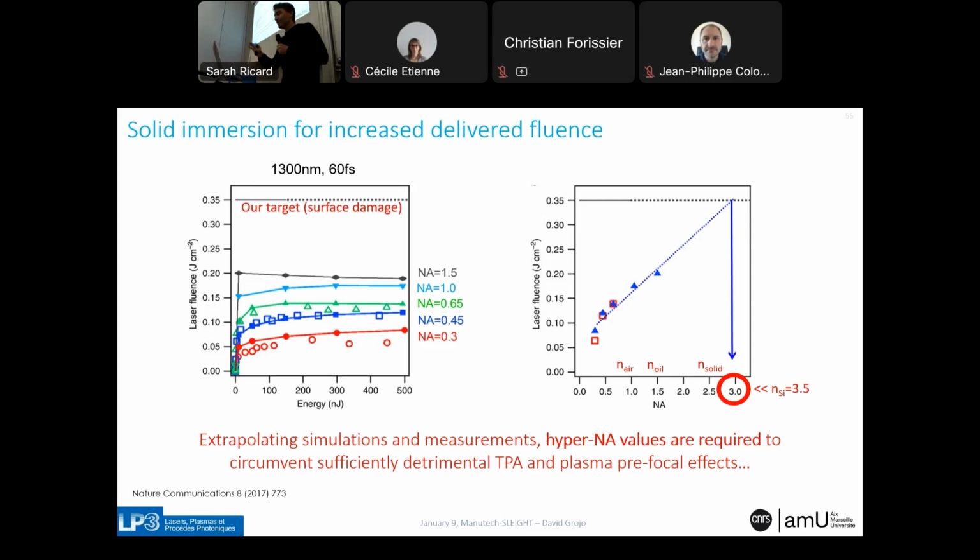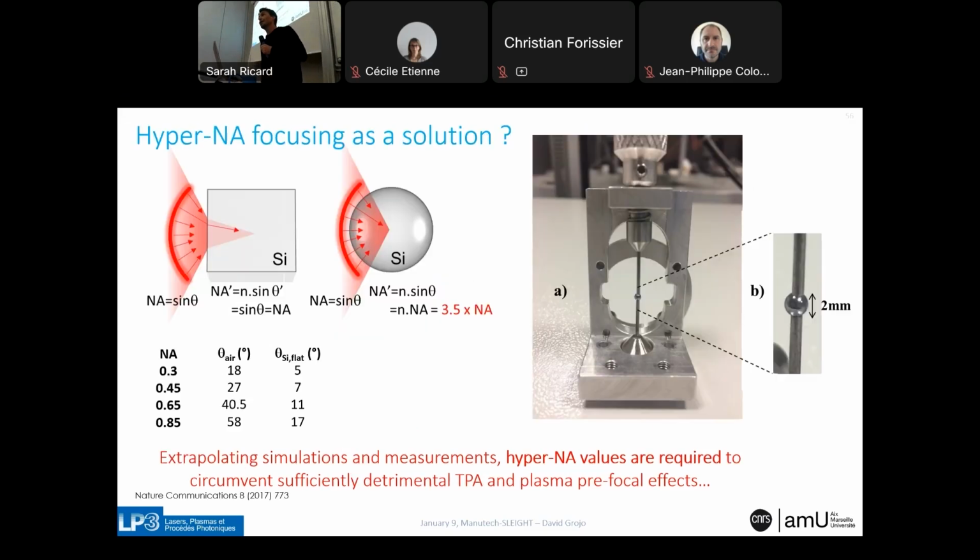So the simplest way you can perform a solid immersion focusing experiment is simply to replace the flat sample with a spherical sample and focus the light exactly at the center of the sphere. If you do this, you totally suppress the refraction at the air-silicon interface compared to the flat sample, simply because the curvature of your beam matches this interface.